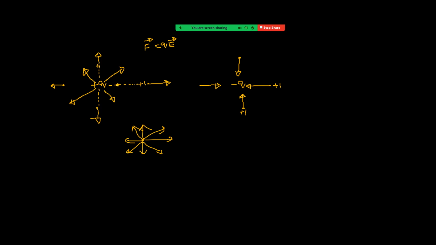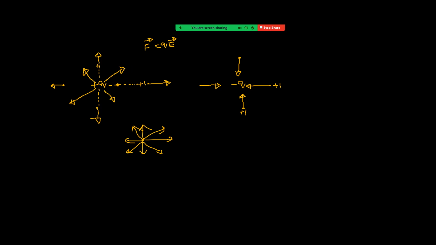If distance is less, strength of the field is more. If distance is more, strength of the field is less. So closer to the charge, the separation between the lines, the spacing, will be less.